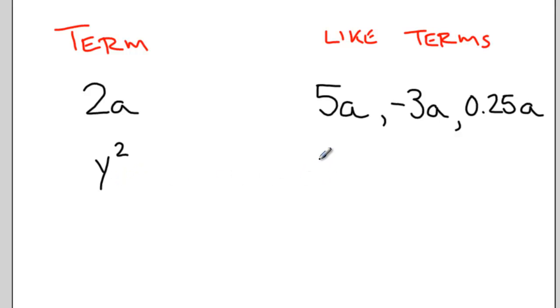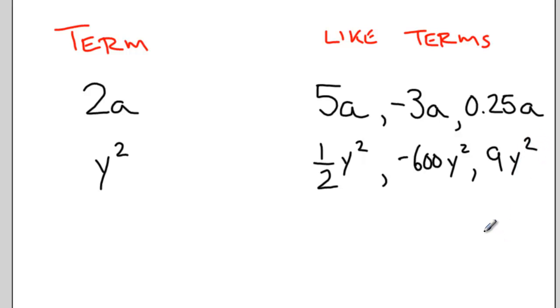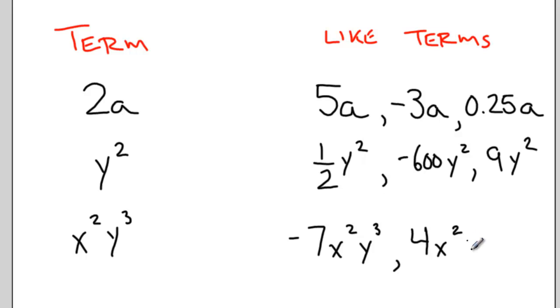If I had the term y squared, some like terms with y squared might be 1/2 y squared, or negative 600y squared, or 9y squared. We could have more complicated terms like the term x squared y cubed. As long as I keep the variable and the exponents attached to the variable the same, I'm looking at a like term.